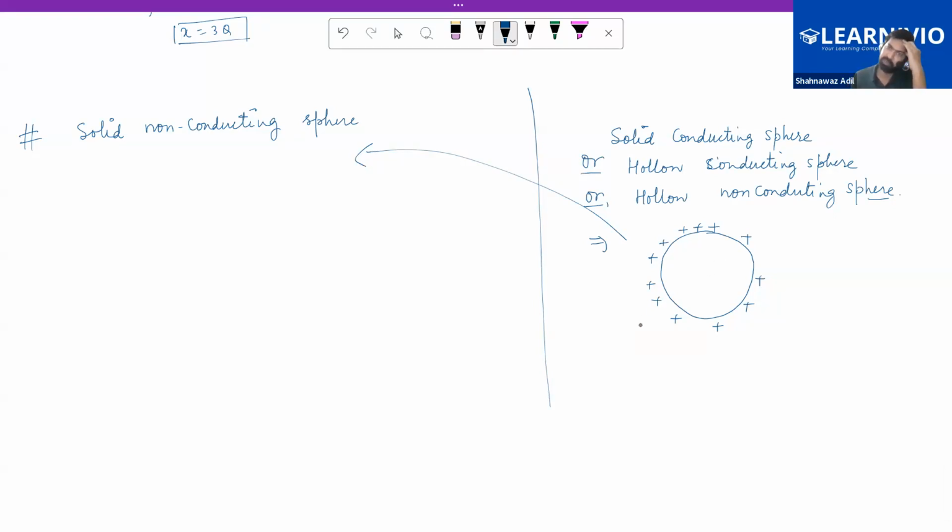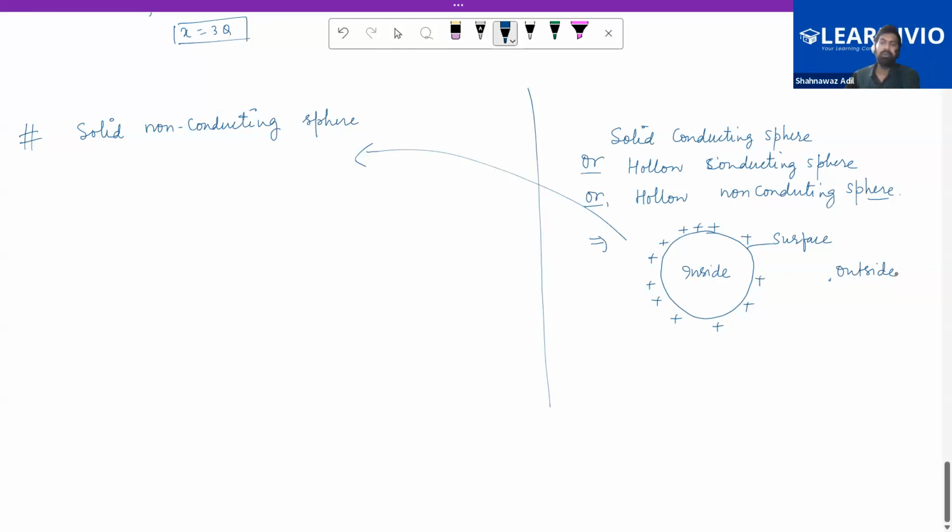If you have a charged ball, there would be three regions. One would be inside, then there would be the surface, and then there would be outside. So this is inside, this is surface, and this point is outside.